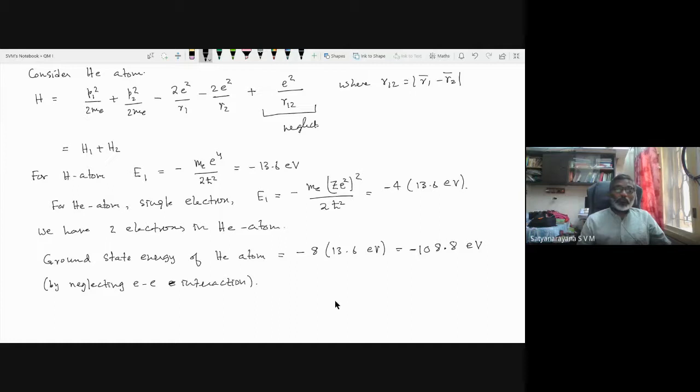Okay, so it turns out that one can do experiments. You can do ionization experiments.